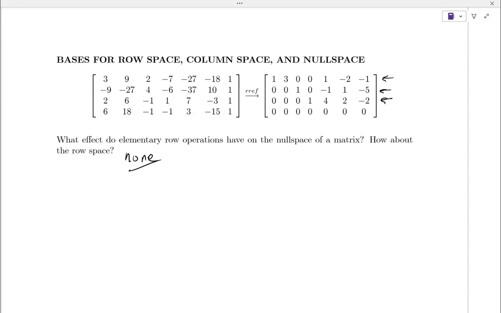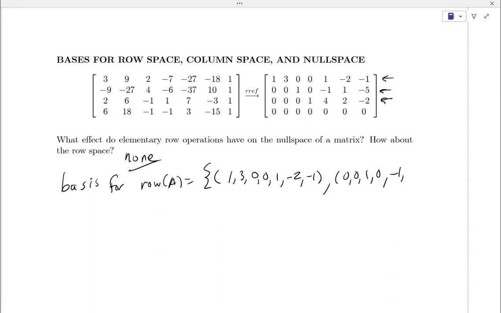That's it. So a basis for the row space here would be 1, 3, 0, 0, 1, -2, -1, 0, 0, 1, 0, -1, 1, -5, and 0, 0, 0, 1, 4, 2, -2.